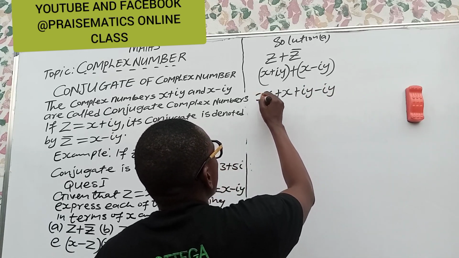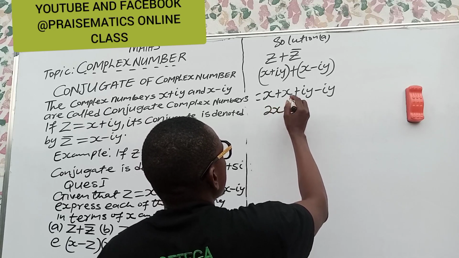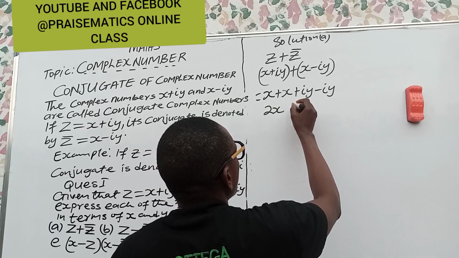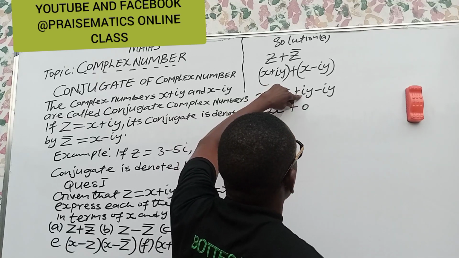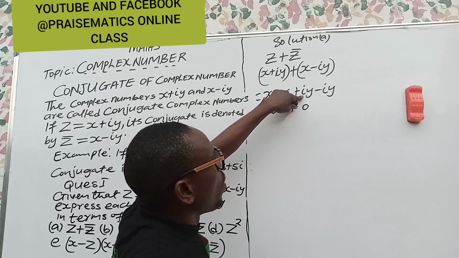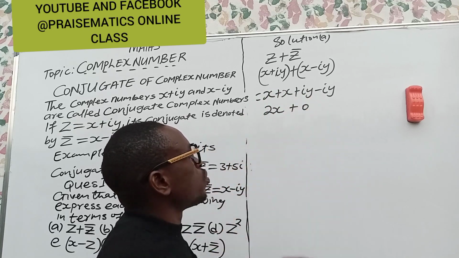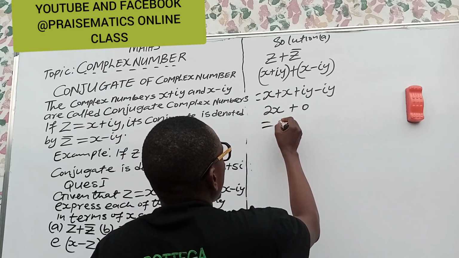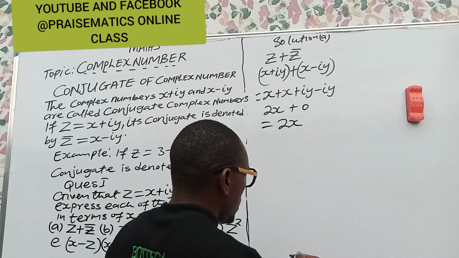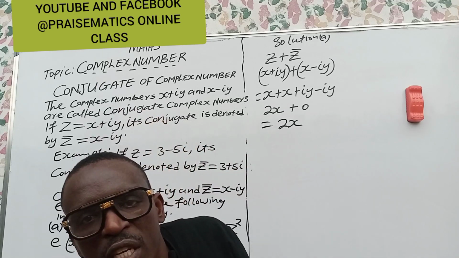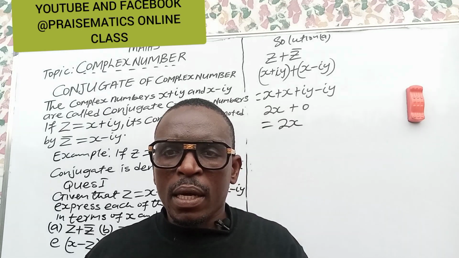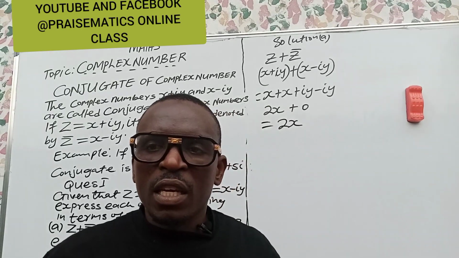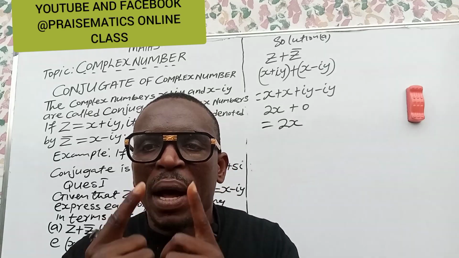Now x to x will give us 2x. i to i will give us plus 0, because you have iy minus iy, which turns to 0. So finally your answer is 2x. In other words, the implication of this is that if you add a complex number with its conjugate, you are going to produce the real part only.